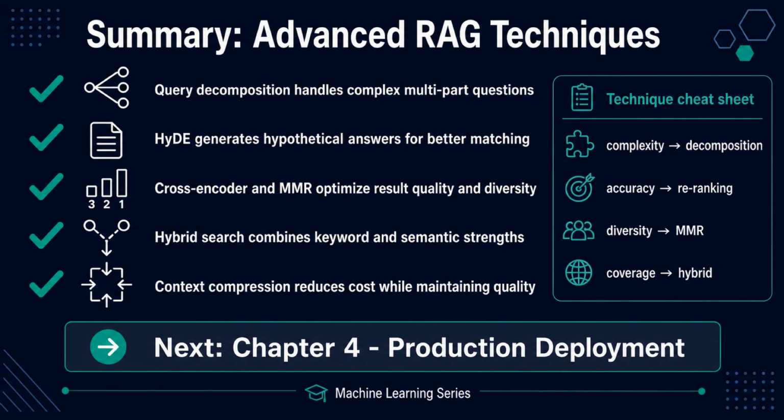Context compression reduces cost while maintaining quality. Remember the selection guide. Use decomposition for complexity, re-ranking for accuracy, MMR for diversity, hybrid for coverage, and compression for cost control. In Chapter 4, we'll cover production deployment including system architecture, performance optimization, and monitoring.